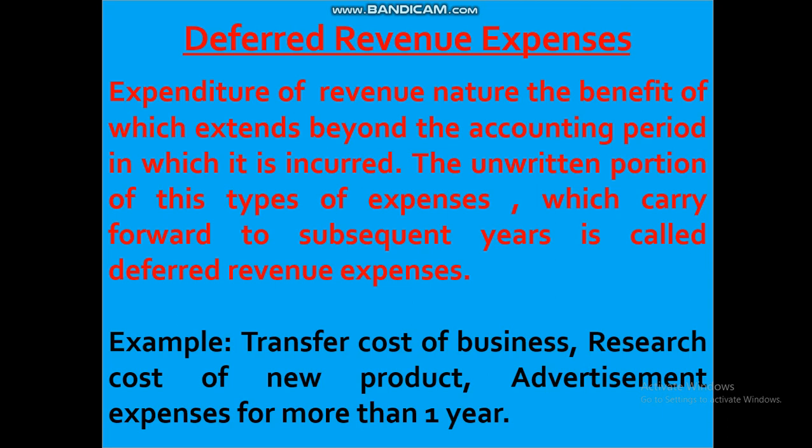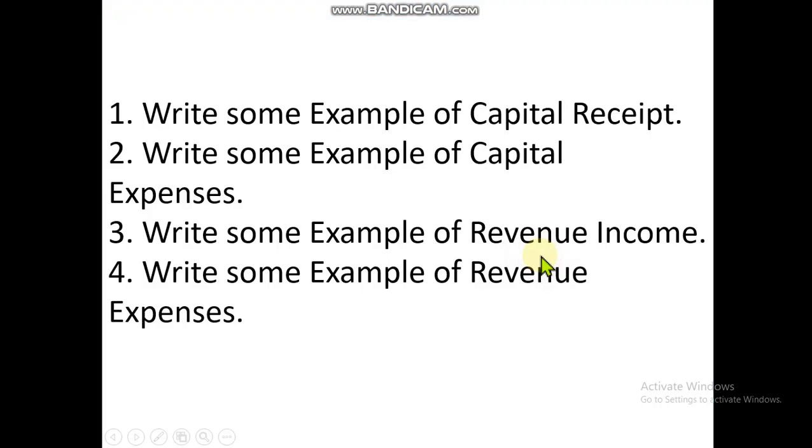Say our business is in Uttara, and we would like to shift it to Motijheel for better service to the customers. However long we stay in Motijheel, we will get benefit from this transfer cost. This transfer cost is a revenue expenditure, but we will enjoy the benefit for more than a year. That's why this is deferred revenue expenditure.